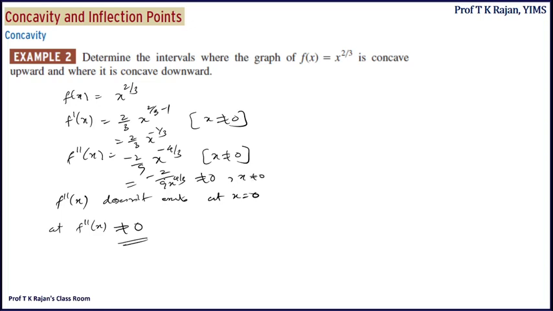When x equal to 0, it becomes infinity. So here f double dash x is non-zero everywhere, and f double dash does not exist at x equal to 0.